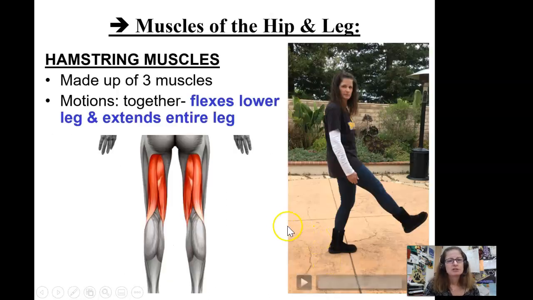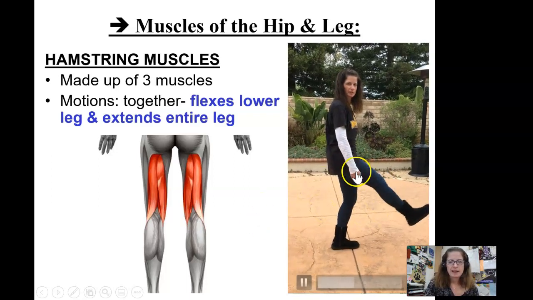Your hamstring muscles are the antagonistic group to the quadricep muscles, and they are on the backside of your thigh. There are 3 of them, and they do the exact opposite motion of the quadricep. So they are going to flex your lower leg, in other words, bring this leg from this position into a 90 degree, or they're going to extend the entire leg. They're going to bring my whole leg back.